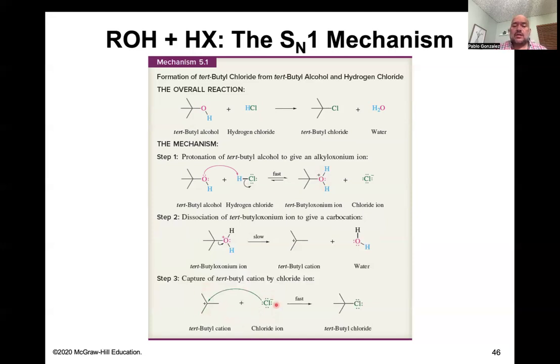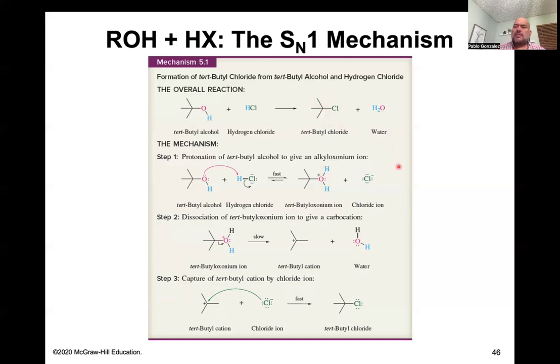And then this chloride ion, which has a lot of electrons, is going to act as a nucleophile, and the nucleophile always attacks the electrophile. By doing that, it's going to create a new bond between chloride and the carbocation, and that's going to be my product, the tert-butyl chloride. So this is the mechanism, the step-by-step process to explain how the tert-butyl alcohol in the presence of hydrogen chloride can produce tert-butyl chloride and water.